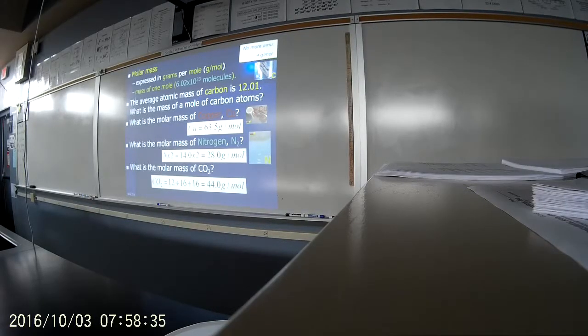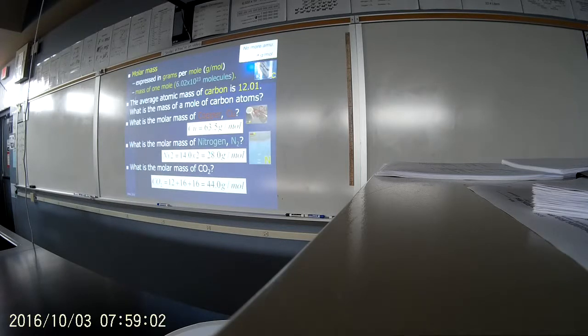All right. So on Friday, we talked about molar mass, and we talked about it as a bridge or a conversion between things we cannot measure, atoms, and things we can measure, grams. I cannot measure 6.02 times 10 to the 23rd molecules, but I can measure 63.5 grams of copper.